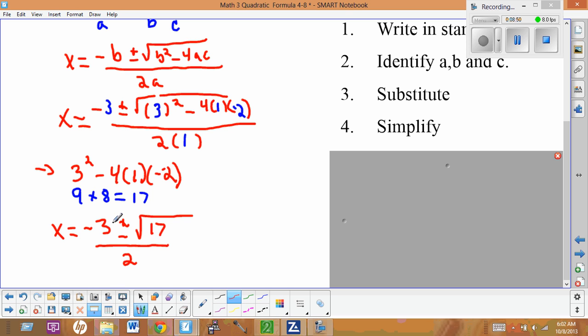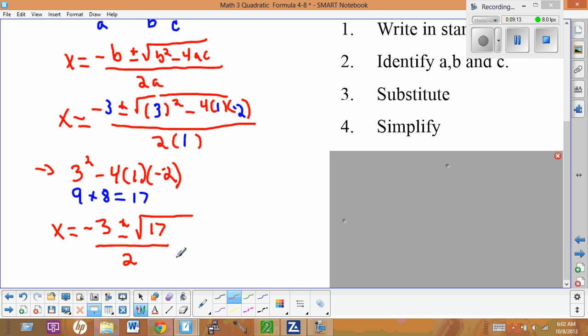Now when I look at my answer, I'm looking for any more simplification. Okay, so I simplified under the radical. I did the 2 times 1. Now the last step is to look, can I simplify my radical any more than this? 17 is a prime number. You cannot take the square root of it. So at this point, we are finished.